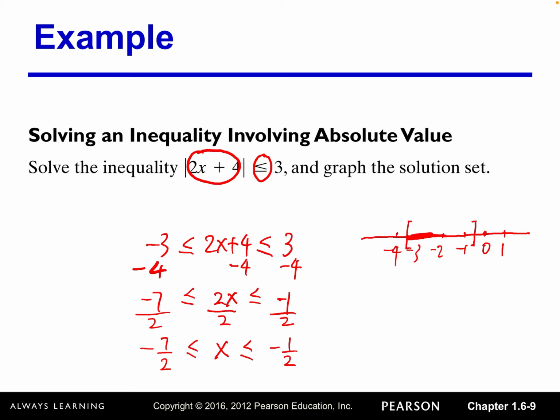And then the solution set should be between these two boundaries, and inclusive, that's why it's a square bracket, not a parenthesis. So that's how to solve an inequality with a less than or less than or equal to symbol involving absolute value. Solution set again is a combined inequality.